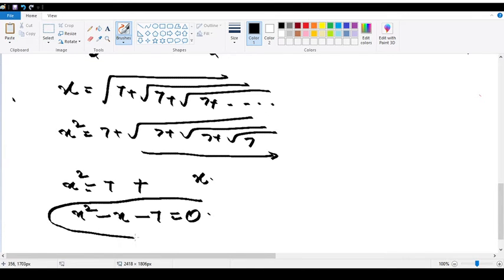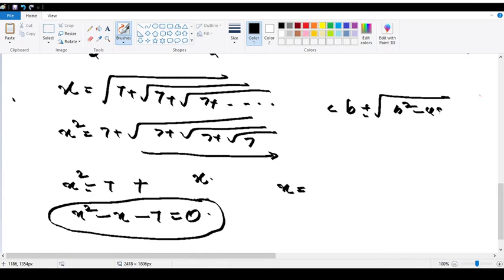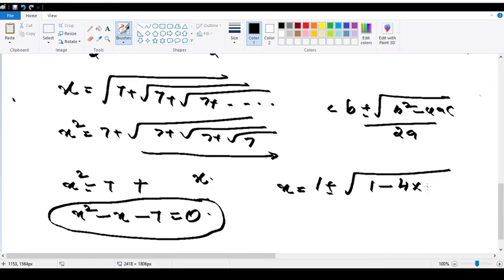So we get a quadratic equation, so we need to find the solution. x equal to minus b plus or minus square root of b square minus 4ac by 2a. So 1 plus or minus square root of 1 minus 4 into 1 into minus 7 by 2a.